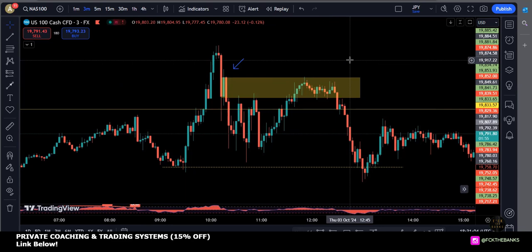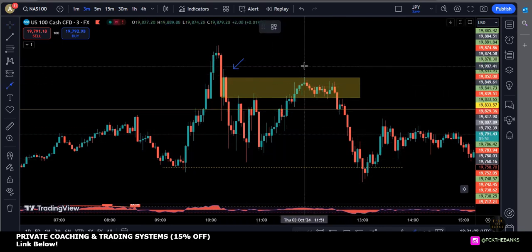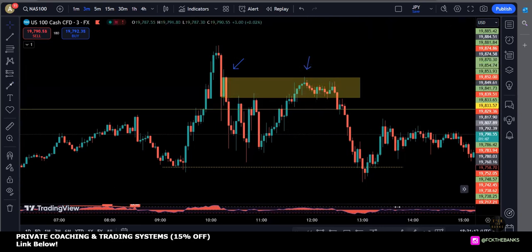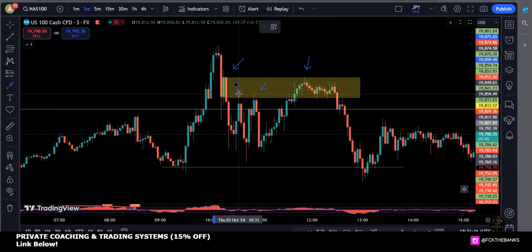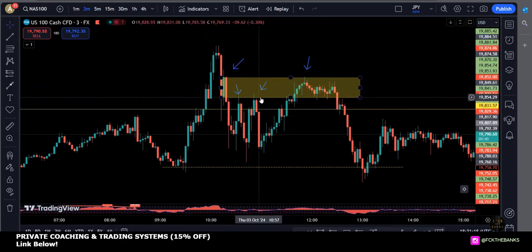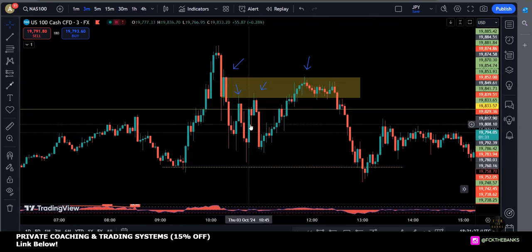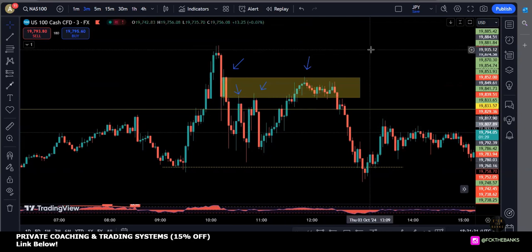So it's very important that you understand that these zones should be respected by price. As you can see in here and also in here twice, price respected and rejected this zone. It was actually from the edge of the zone and it reacted immediately. So in here you could have profited at least 3 times, and yes, they can be tested multiple times.